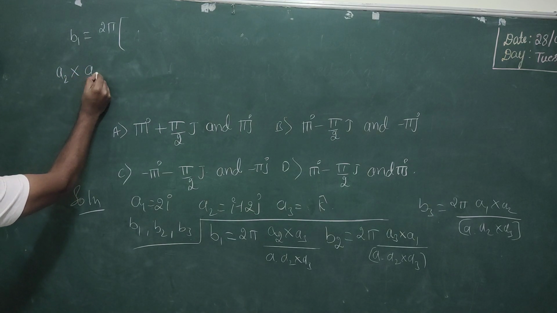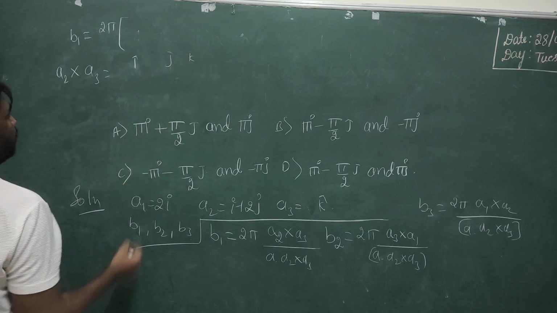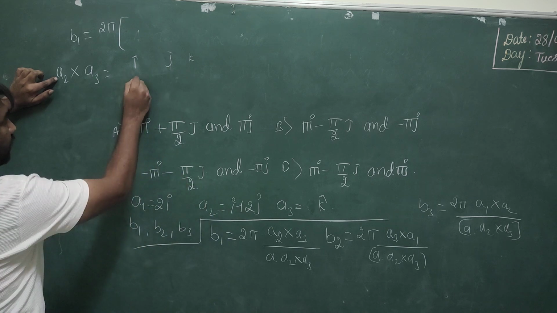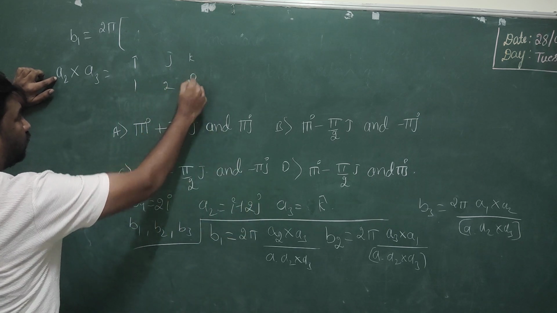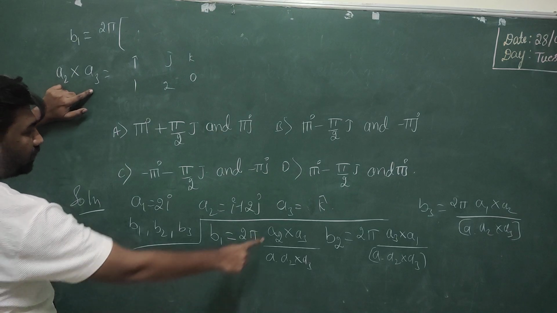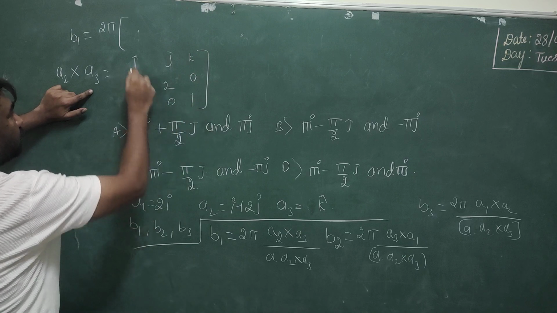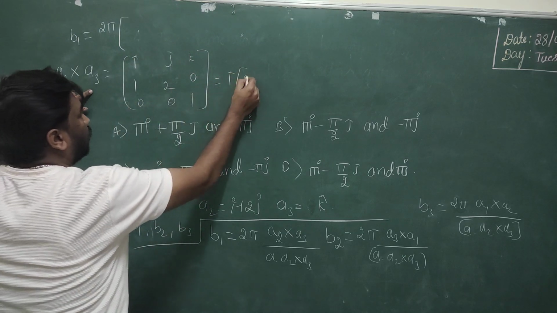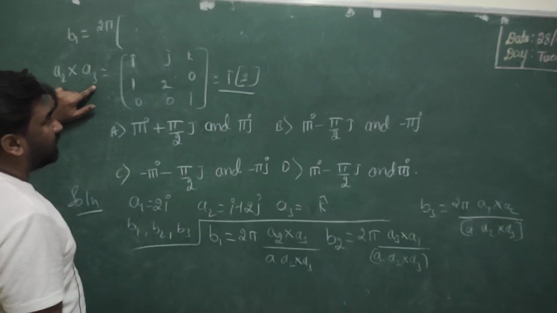A2 cross A3 can be written as the determinant with rows i j k, A2 coefficients 1, 2, 0, and A3 coefficients 0, 0, 1. Therefore it is equal to i into 2, so the i term is 2i.